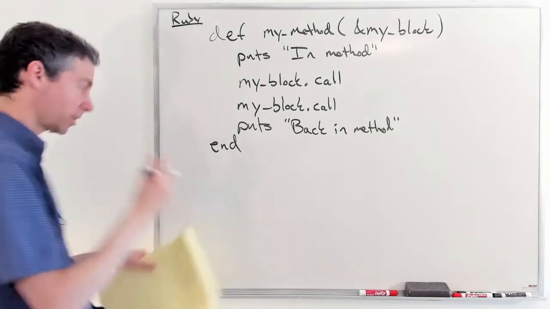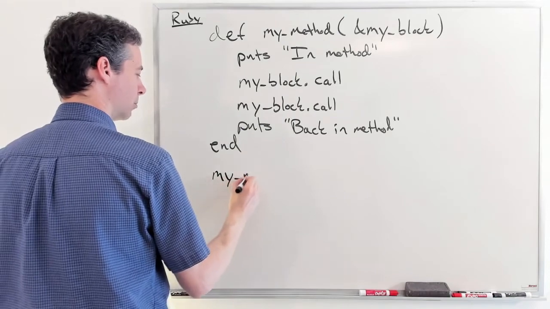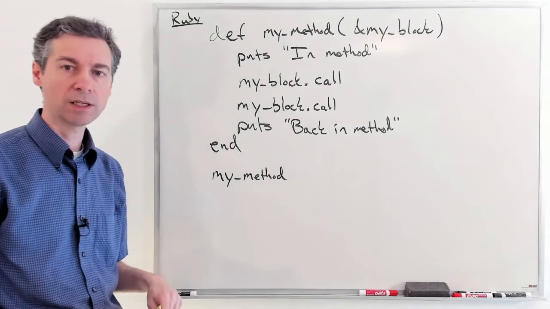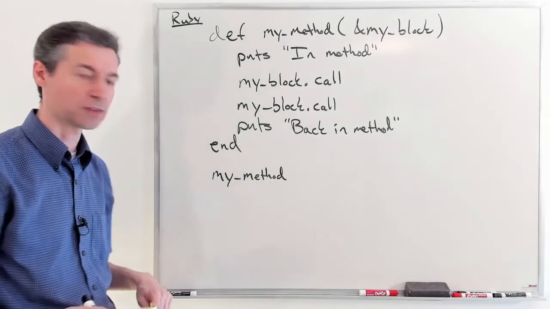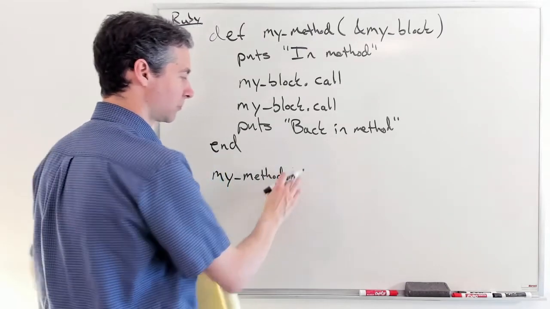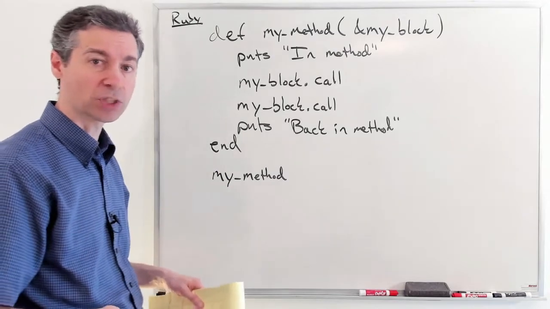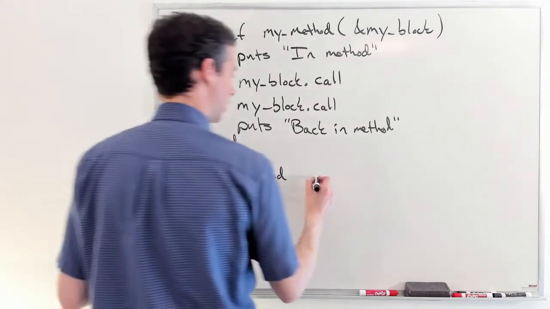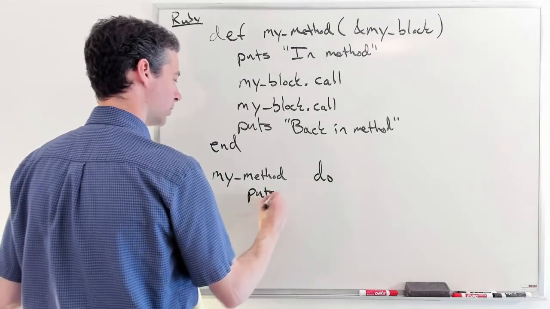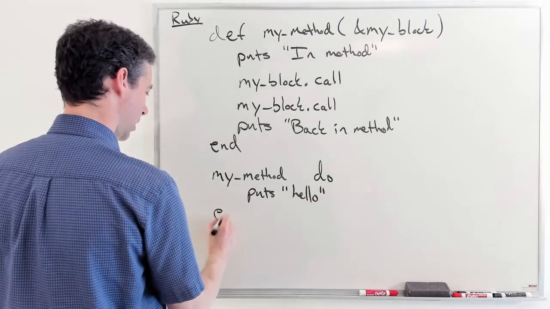Now, what I can do is I can call my method. I don't need any of the parentheses, but if I wanted to, I could put two parentheses here. But for the purposes of this, I can then go ahead and say do, and let's say I do puts hello, and then end.